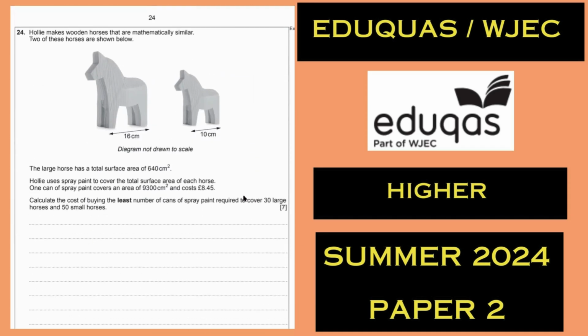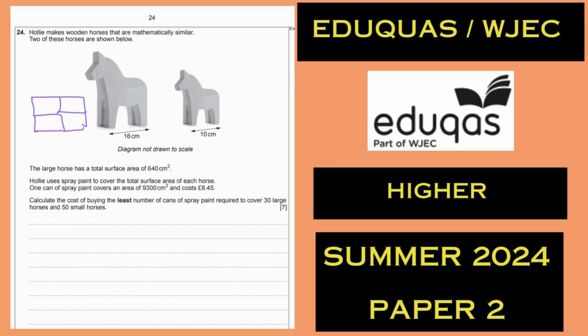Number 24. The relationship, don't forget, between linear scale factor and area scale factor is when you double a length and you double a width, if you double it and double it, it's actually quadrupling it.